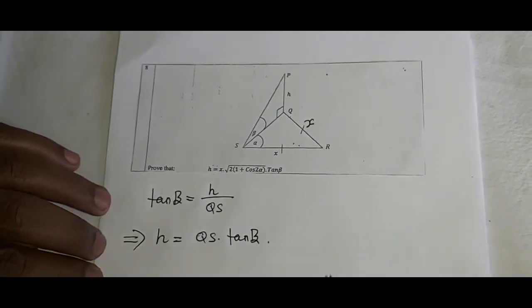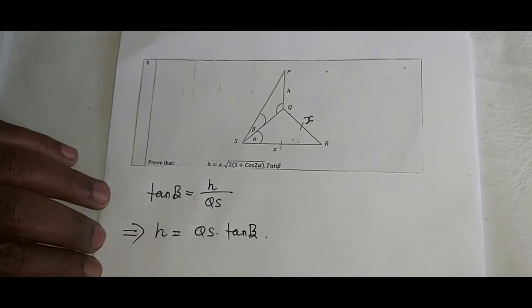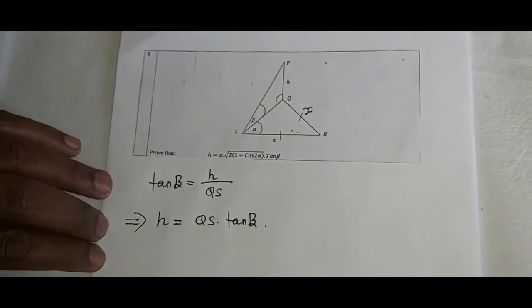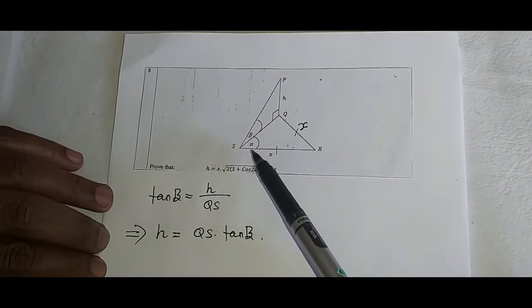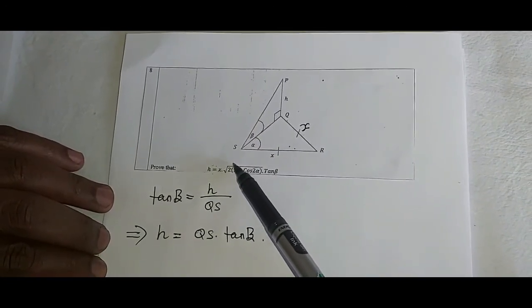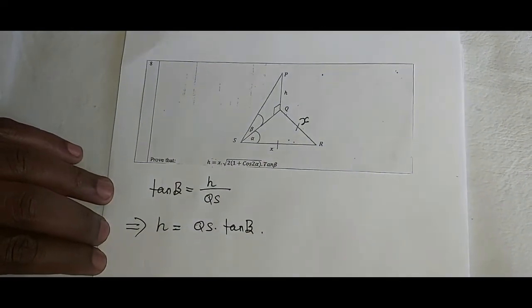Therefore, we now have to look for QS. As you can see there, we are looking for QS. Looking at where we are going, can you see we even have a square root and a cos of 2 alpha, which means we are making use of the cosine rule.